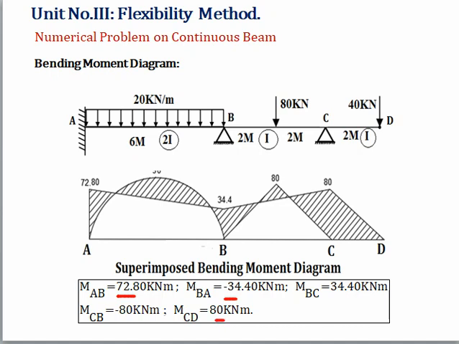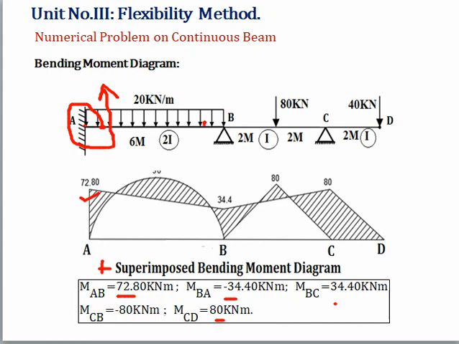Now let's first take the end moment diagram. So at A, our moment is positive. So for positive, we have to move about A in which sense? In an anti-clockwise sense, and complete one rotation. The arrow comes up, so show up 72.80.